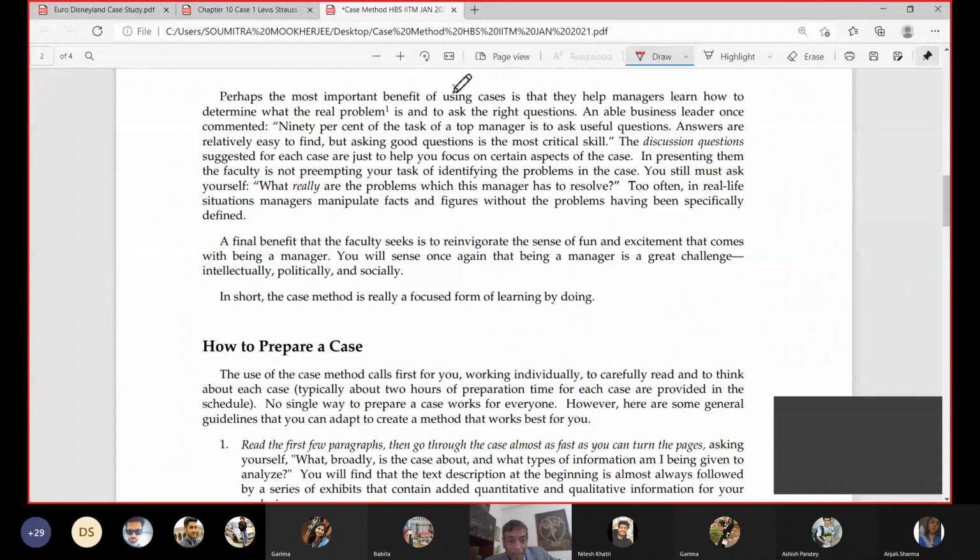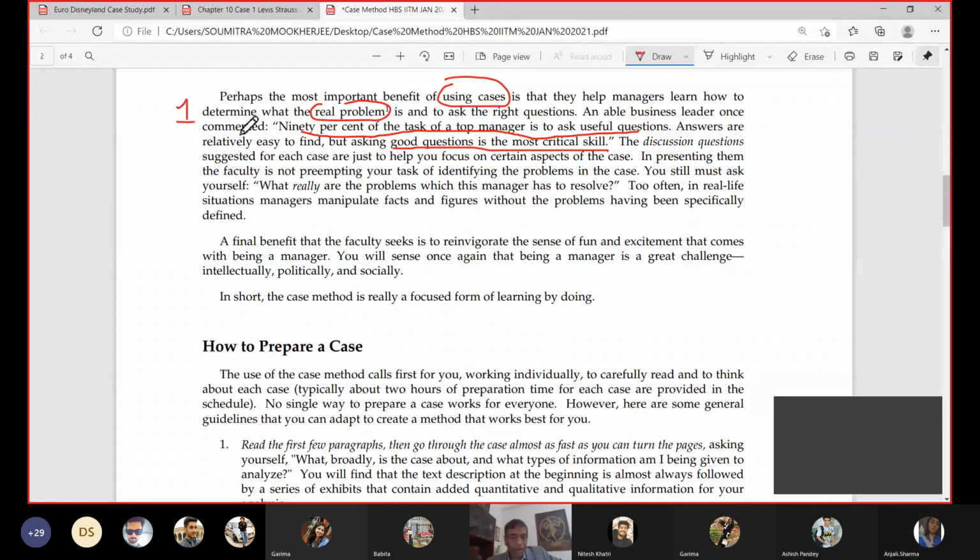Right. The best and most important benefit of using cases is to identify the real problem. This is an important quote: 90% of the task of a top manager is to ask questions. Answers are easy to find, but asking good questions is the most critical skill. So the most important part which helps us managers is to identify the real problem.